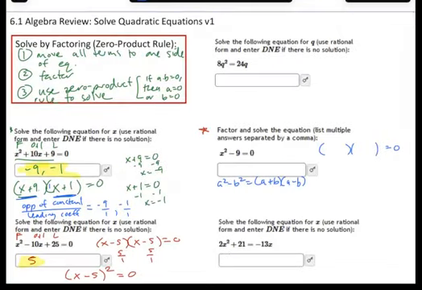If that's the case, then you have the base x and the base 3. So you have the difference of two squares, and x and 3 are your terms. You take the sum and the difference of those, set each factor equal to 0, and you get negative 3 and positive 3 as your solutions.